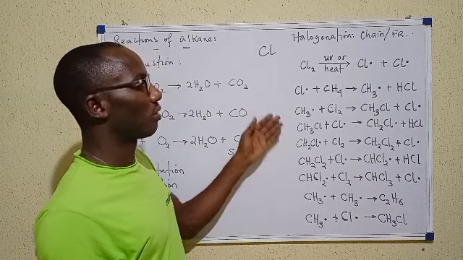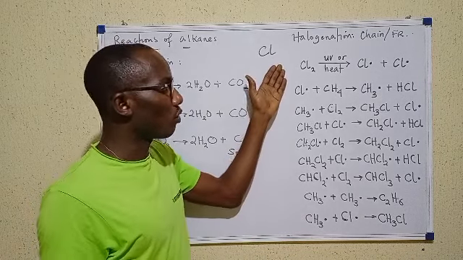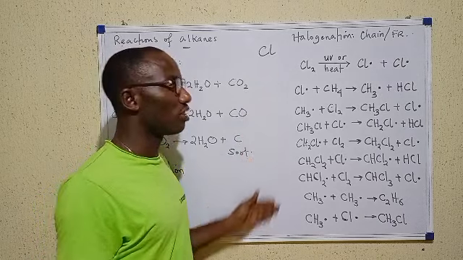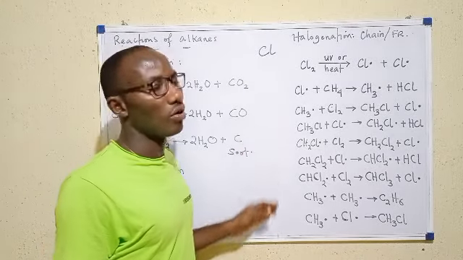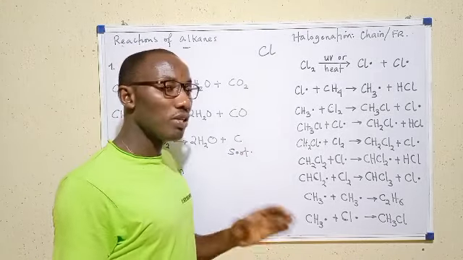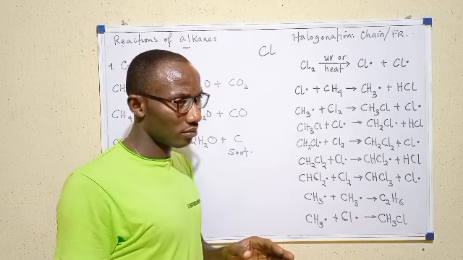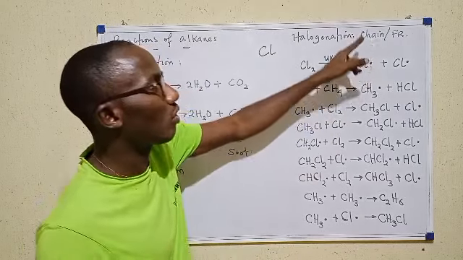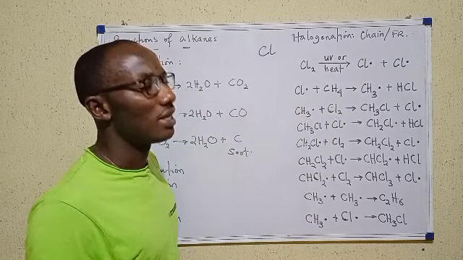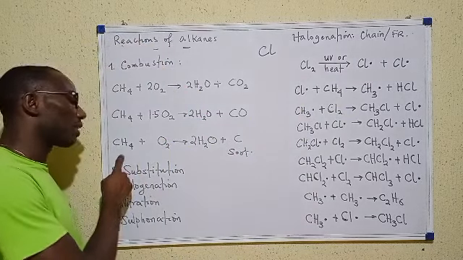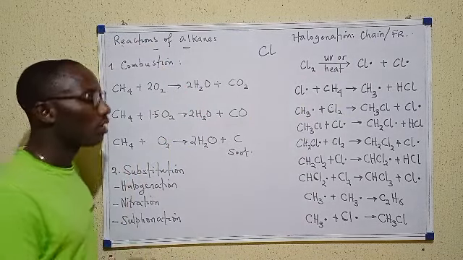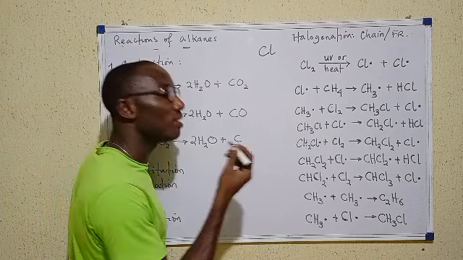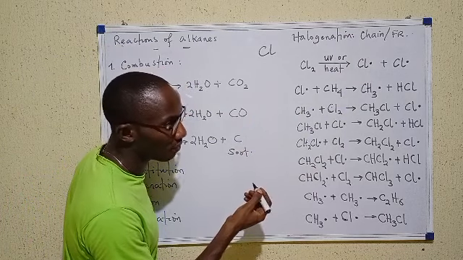Now, in the case of alkanes, typically what you are seeing here is a representation of this chain of reactions. But please, just in case you are asked, the free radical or chain reactions that occur between alkanes and halogens will usually occur in 3 stages or 3 steps.